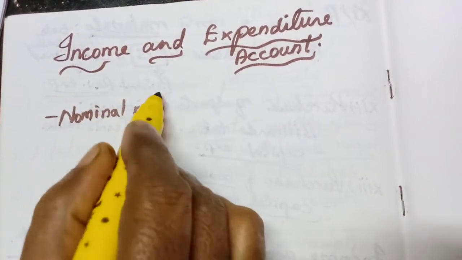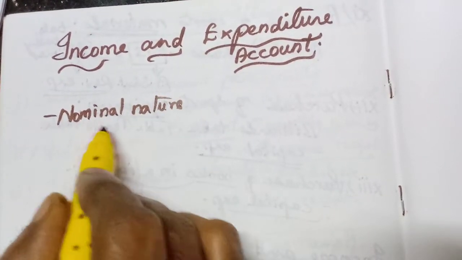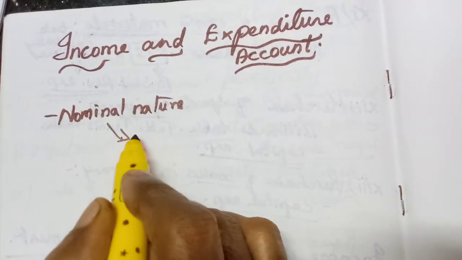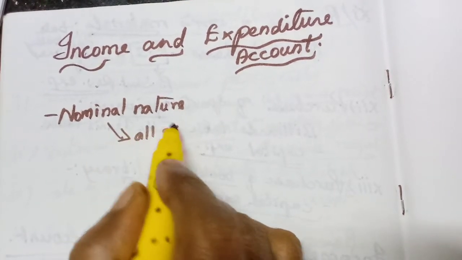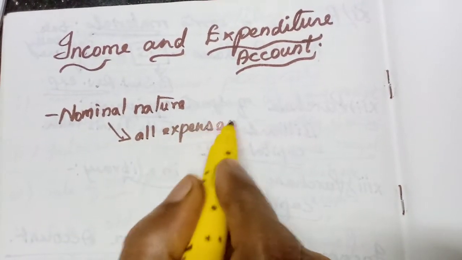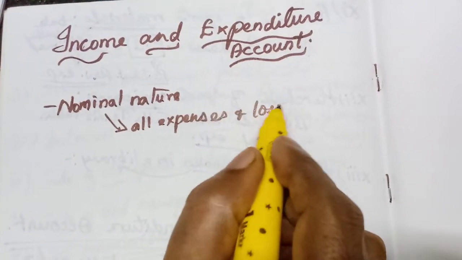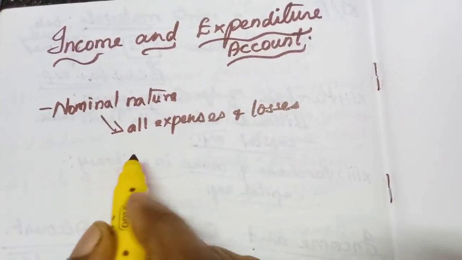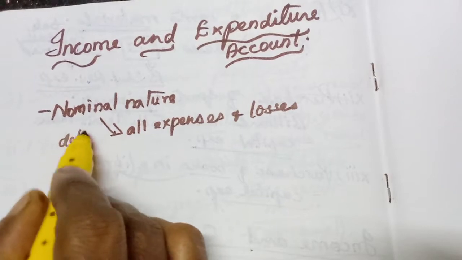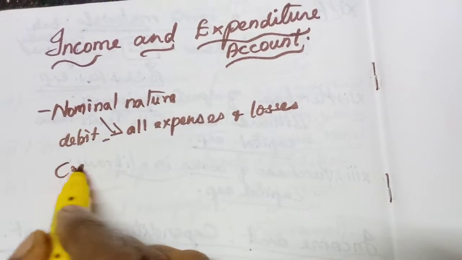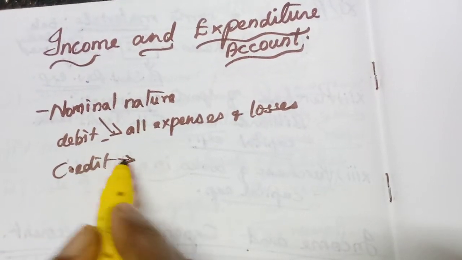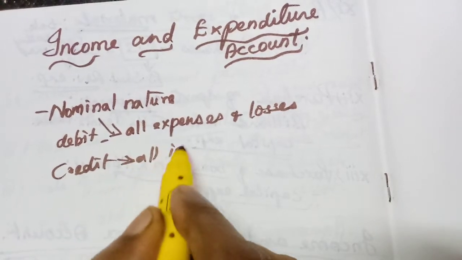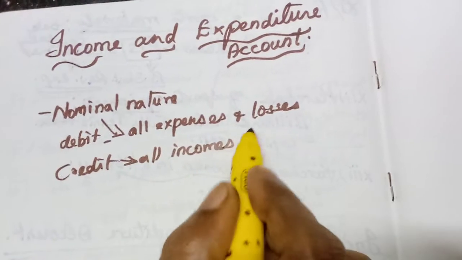We know in a nominal account we debit all expenses and losses, and credit all incomes and gains.